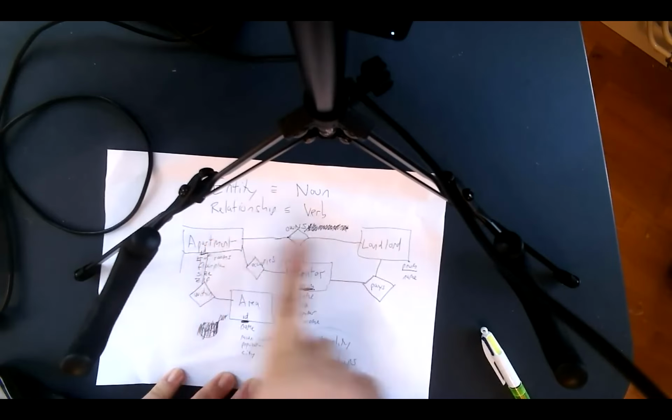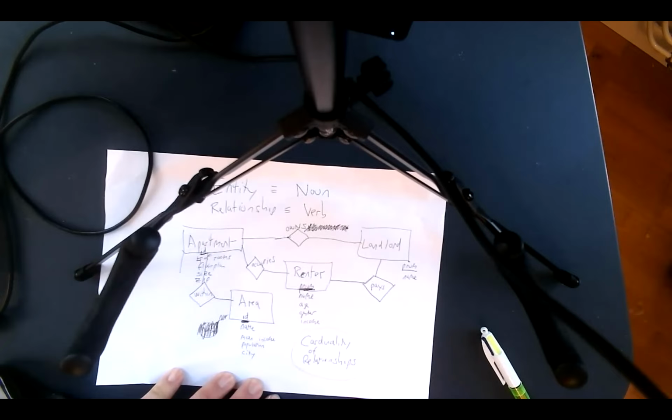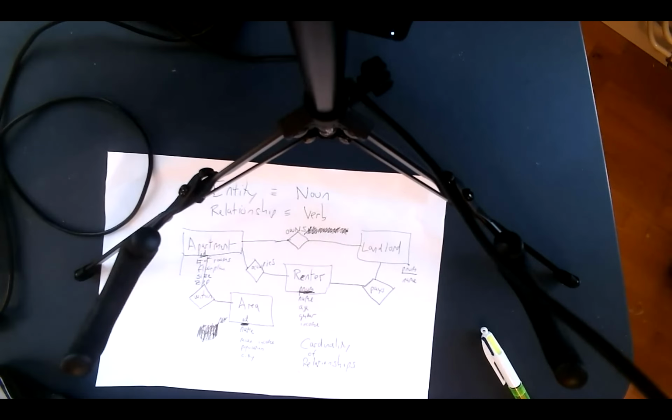Now, can an apartment be owned by multiple landlords? In a snapshot in time, we have a choice here. We can say yes, we are going to allow for joint ownership of apartments, but that is going to complicate our model considerably. Or we might just say no, there's always going to be a primary owner of an apartment. It's like Trafikverket.